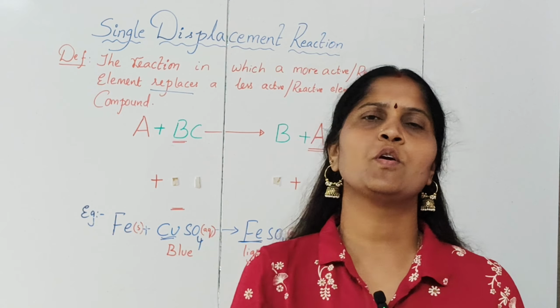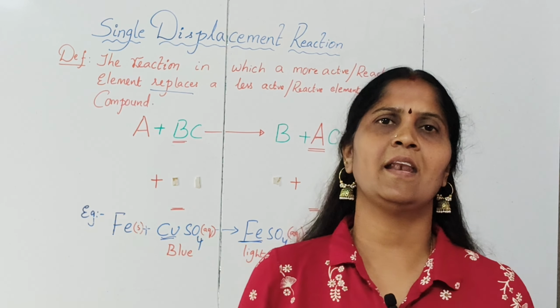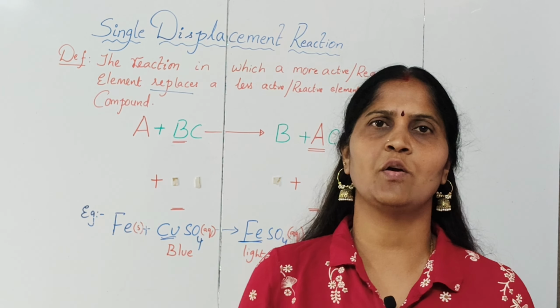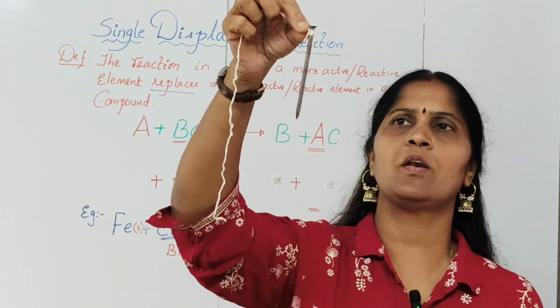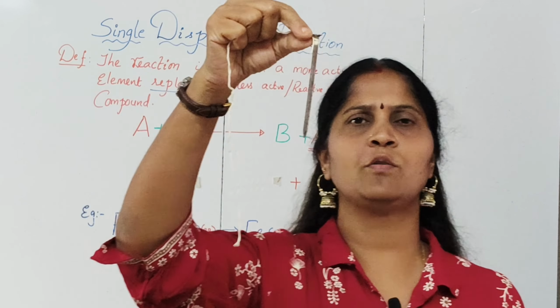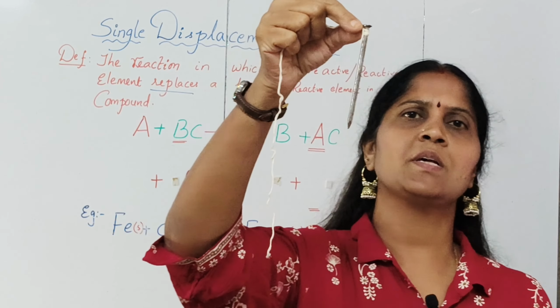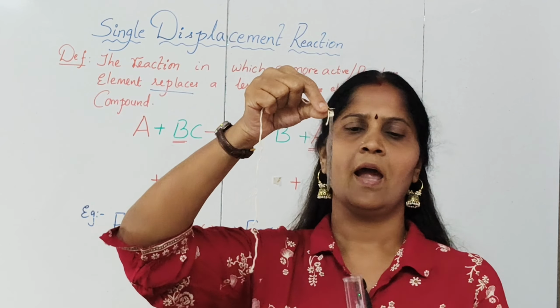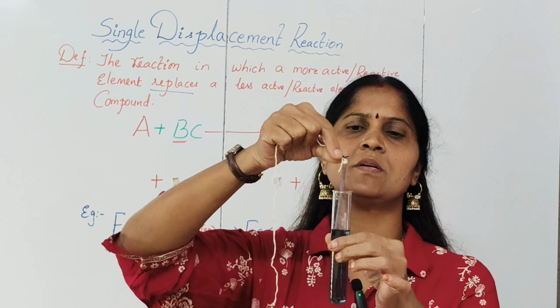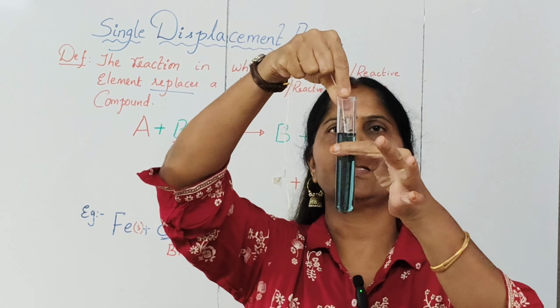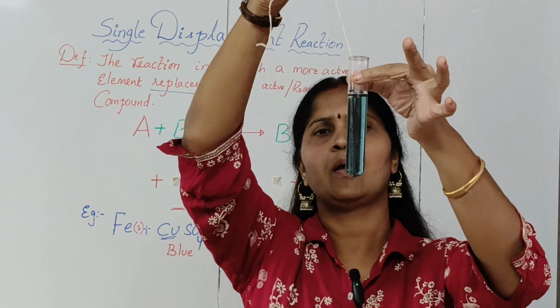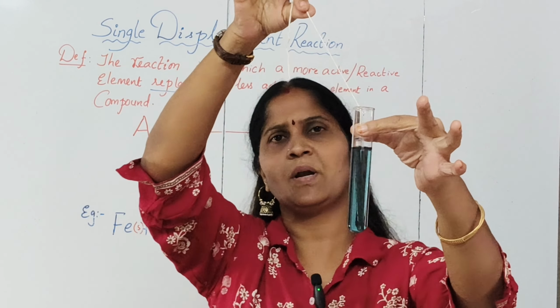You have to take a nail, actually two nails. Rub the nail with sandpaper to see that no rust is built on top of it, and then keep it immersed within this copper sulfate solution like this for about a period of 20 minutes.